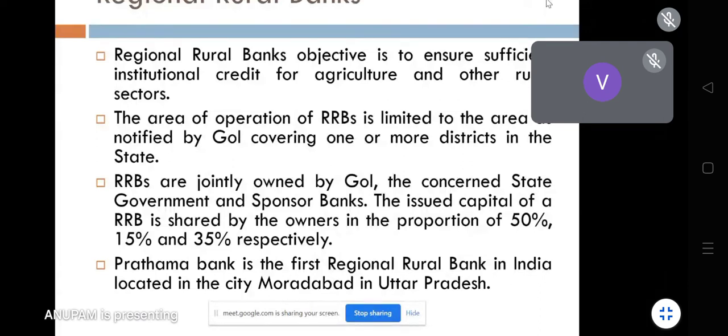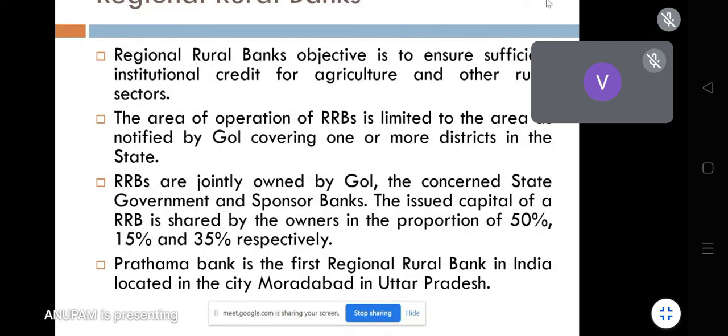So who will give how much money for making the RRB? 50% of the money will be given by the Government of India, the central government. 15% will be given by the state government in which the RRB is going to be made. And 35% will be given by the sponsor bank of that area.